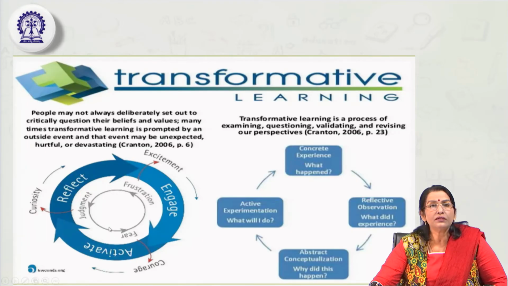So, how do we overcome this? Through reflection. Judgment can be avoided through curiosity, by reflecting and then generating curiosity and eagerness to know. Similarly, frustration can be removed by creating excitement and engaging people. Fear can be transformed into courage through activities.